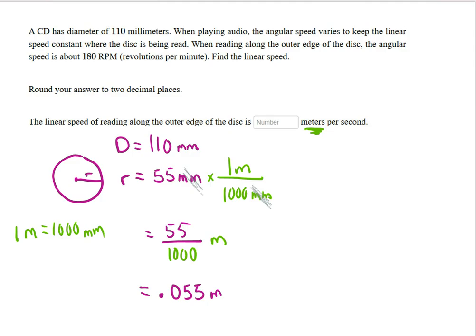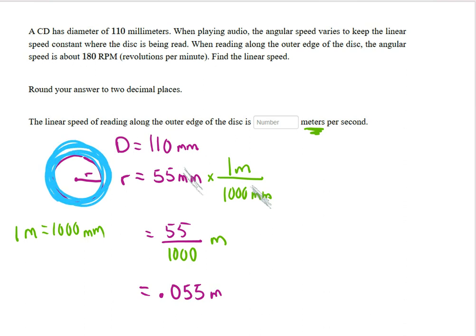When playing audio, the angular speed varies to keep linear speed constant where the disc is being read. When reading along the outer edge of the disc, the angular speed is about 180 revolutions per minute. Now, if you've ever played a CD and opened it while it's still spinning, the outer edge is going around and around, spinning pretty quickly.